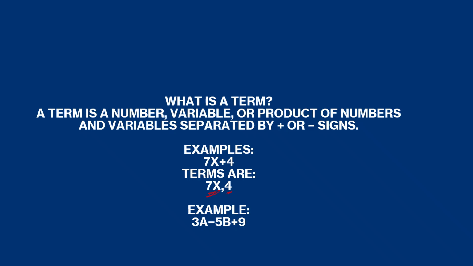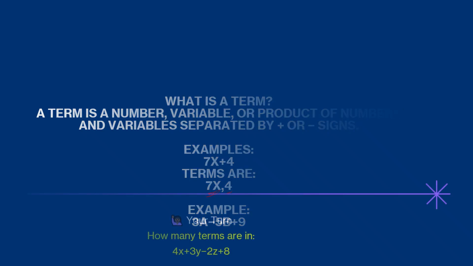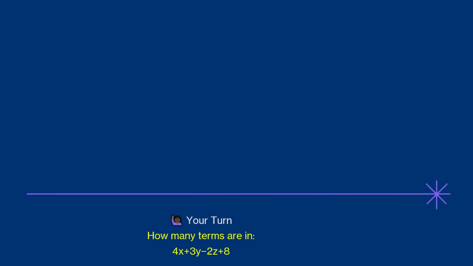Now, pause the video and identify the number of terms in this expression, 3a minus 5b plus 9. Now it's your turn to work on this question. How many terms are in this expression? 4x plus 3y minus 2z plus 8.